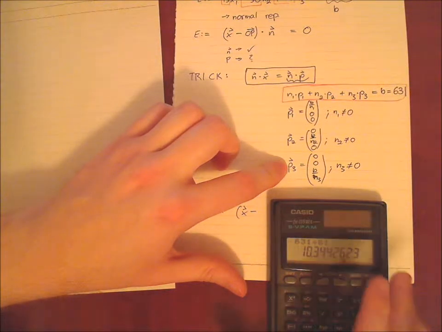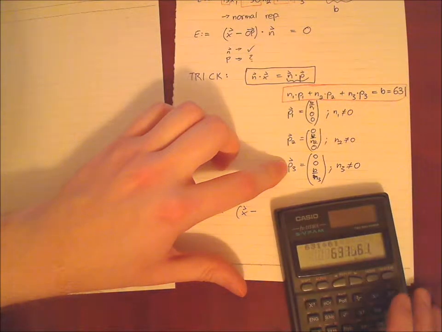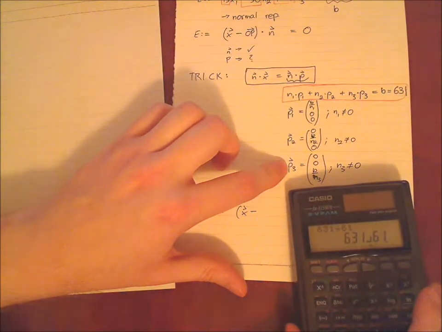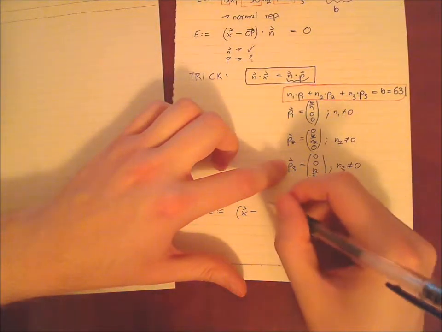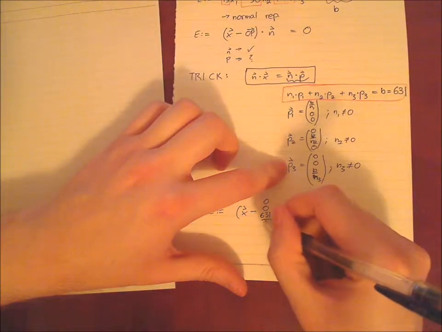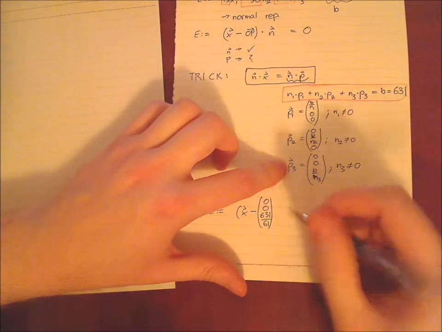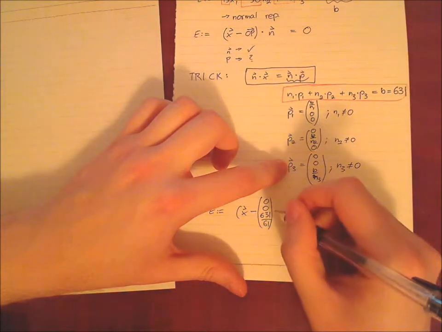And then we just leave the fraction. So 0, 0, 631 divided by 61. I know this looks a little bit ugly because we have a fraction in the vector, but this is completely valid. This is completely correct to do it like this.